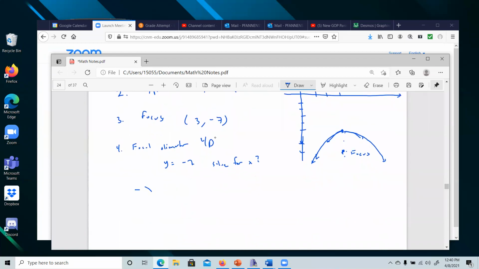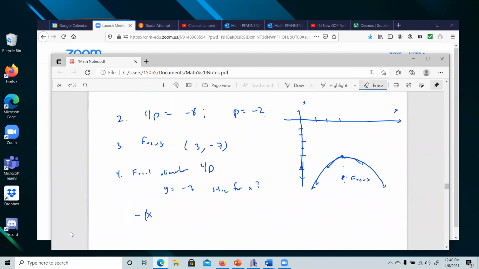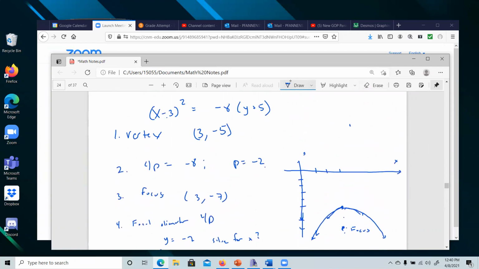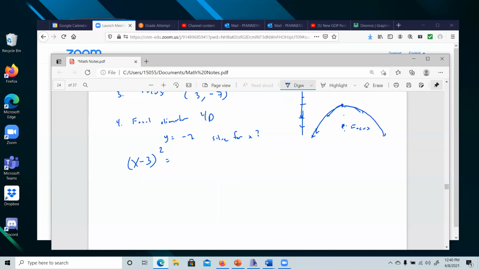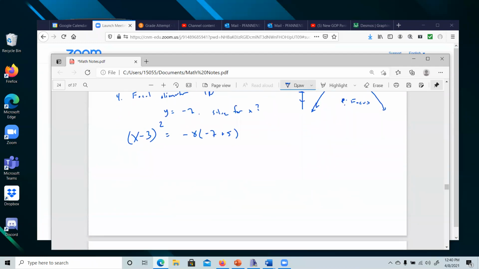We have x minus 3 squared. What am I doing with this? Okay, we have x minus 3 squared is equal to negative 8 times, and then we're going to set y equal to negative 7, plus 5, right? So negative 7 plus 5, that's going to be negative 2, times negative 8.